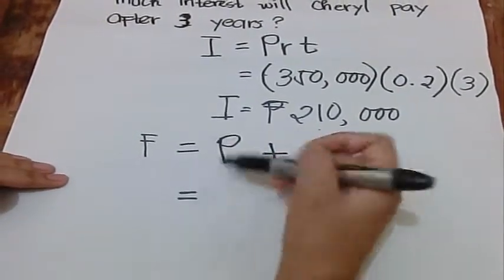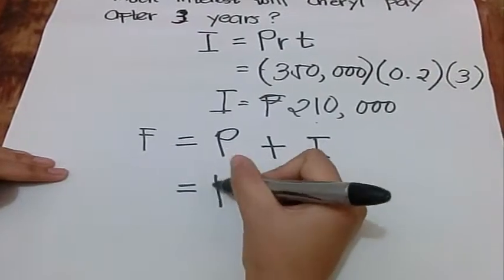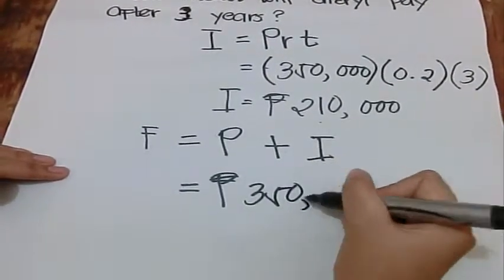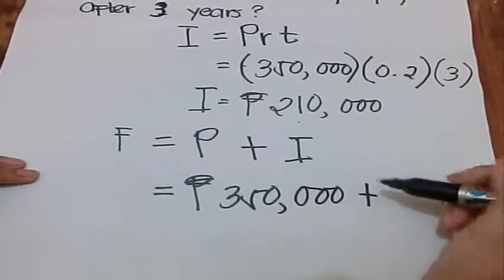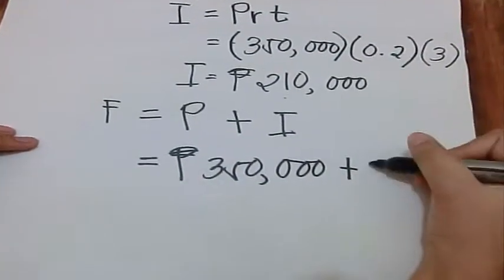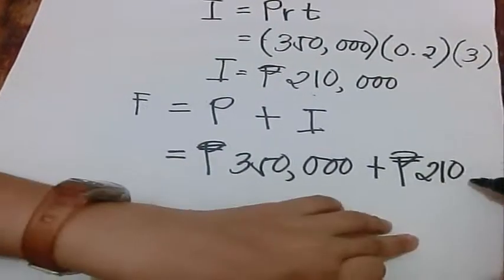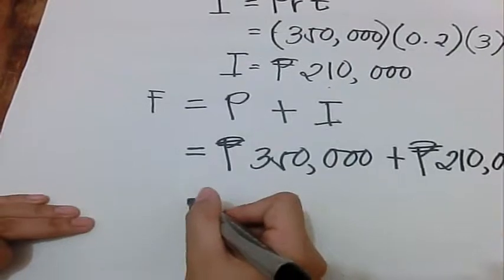So, our principal amount is 350,000 pesos. So, we have 350,000 plus the interest, 210,000. So, we have 210,000 pesos.